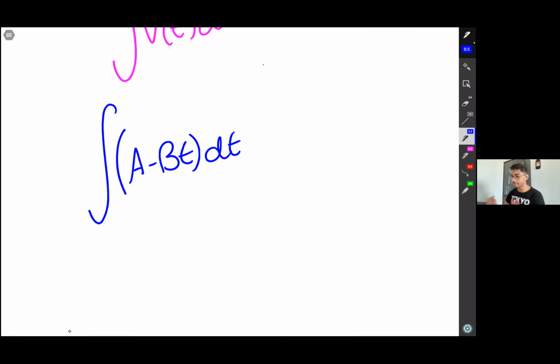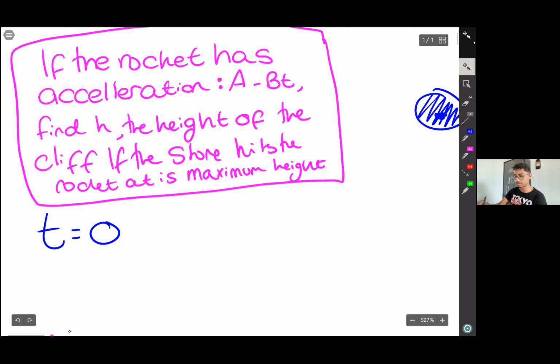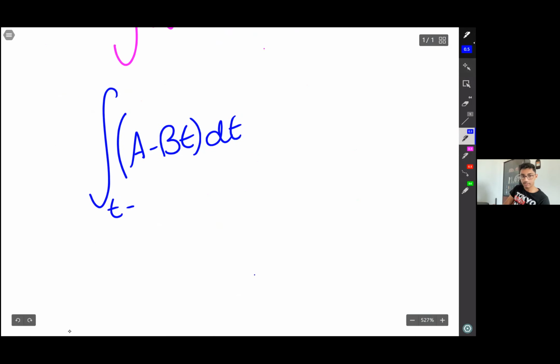But what are our bounds? Well, first of all, since this is a snapshot at time t equal to 0, we can set our lower bound straight away as t equal to 0. Okay, but what's our upper bound? If we're trying to find out velocity as a function of time, we should just say that the time here is going to some arbitrary point in time, t.